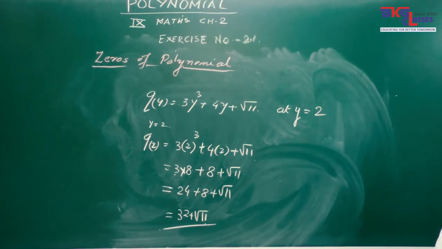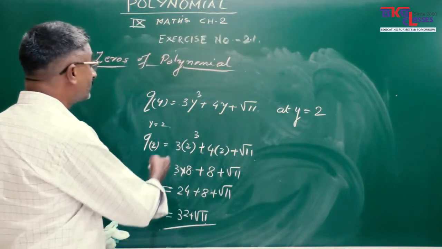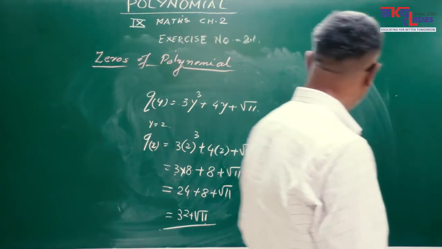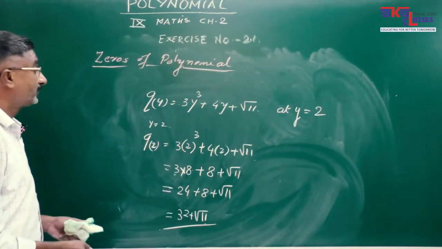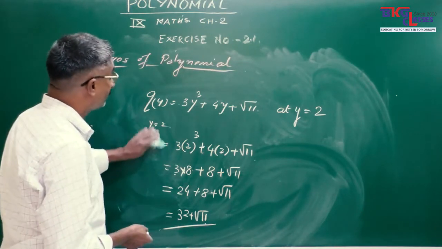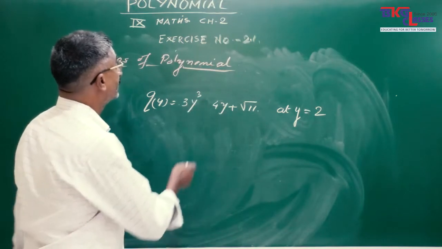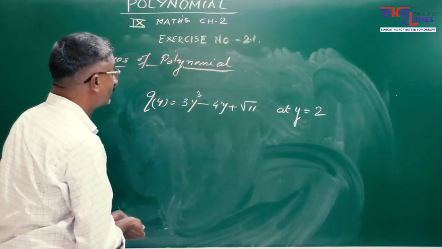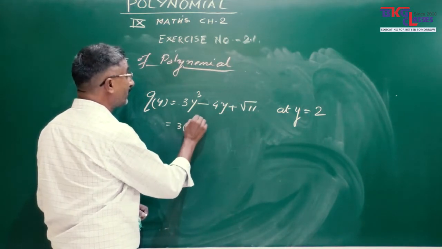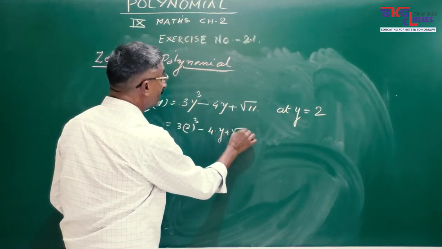Okay, there is something missing. 4y, I have written plus, here it is minus. So we can change this, and in the book it is minus. So this is equal to 3 into 2³ − 4 into 2 + √11.